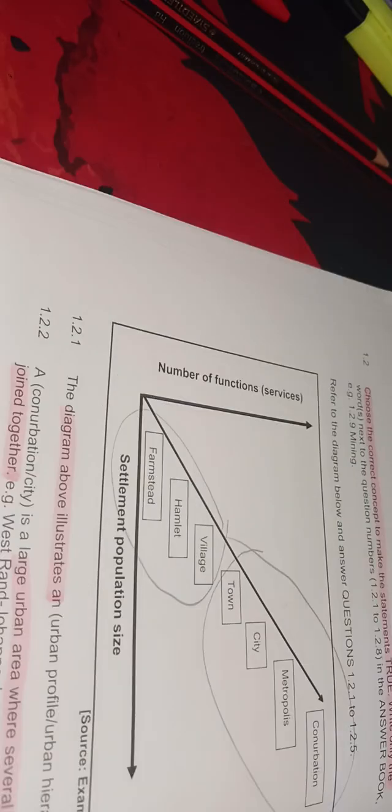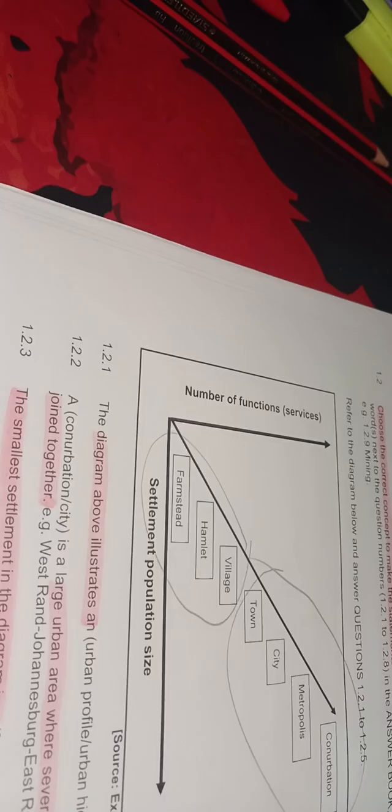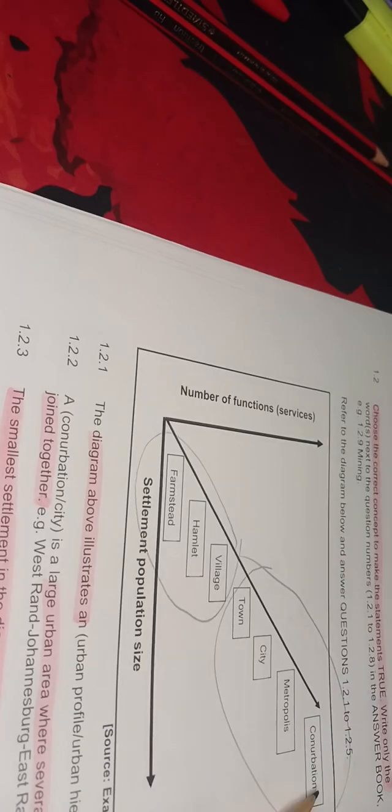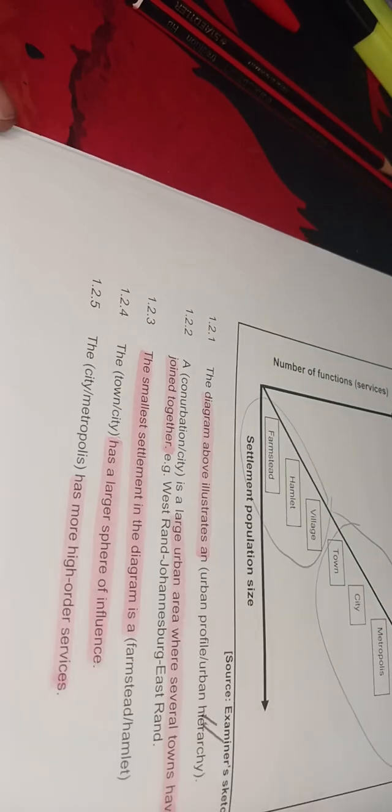So 1.2.1, the diagram above illustrates what? We have already talked about it. It is your urban hierarchy.